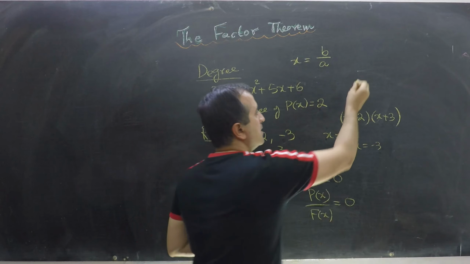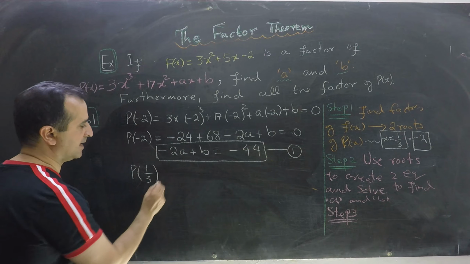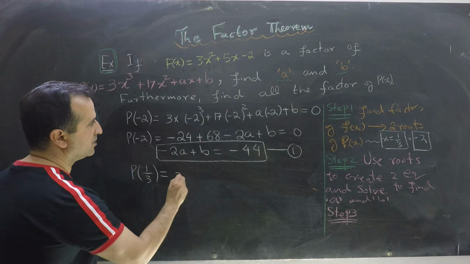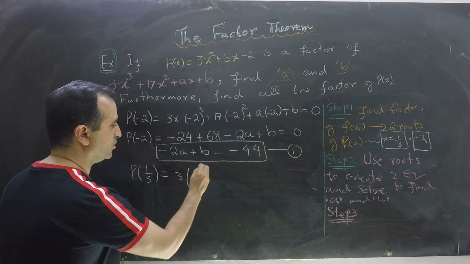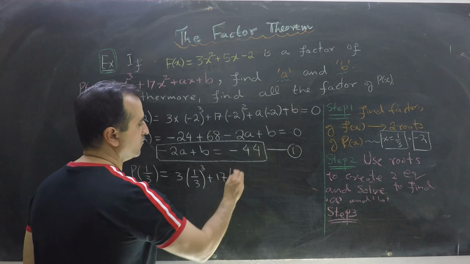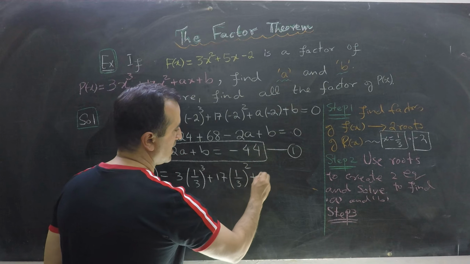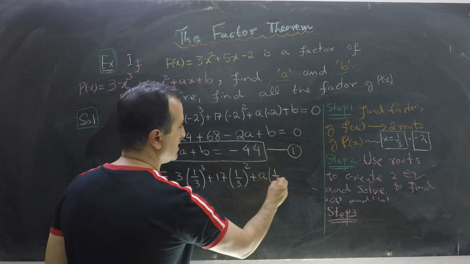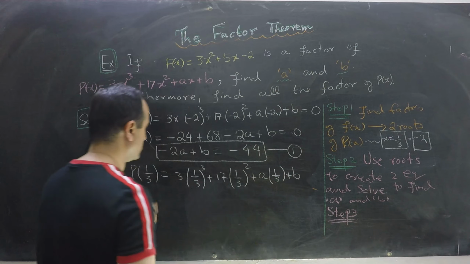Now I put the root 1 over 3 in my polynomial to find the second equation. So 3 times (1 over 3) cubed plus 17 times (1 over 3) squared plus a times 1 over 3 plus b, and because 1 over 3 is a root, my polynomial will be equal to 0.